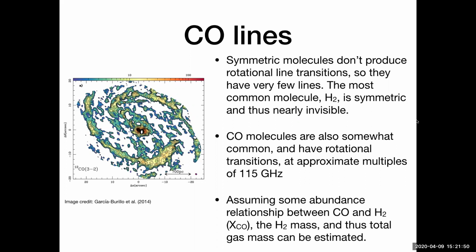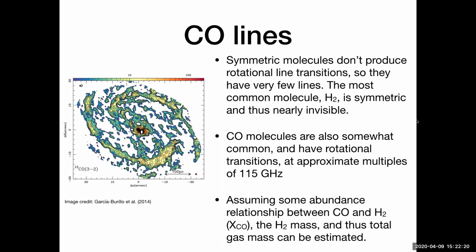In contrast, though, carbon monoxide is asymmetric since the oxygen is heavier than the carbon. It has some very good lines, and it is an abundant molecule in most molecular cloud regions. And so you get a rotational transition of CO at multiples of 115 gigahertz. The J1 to 0 transition is at 115 gigahertz.